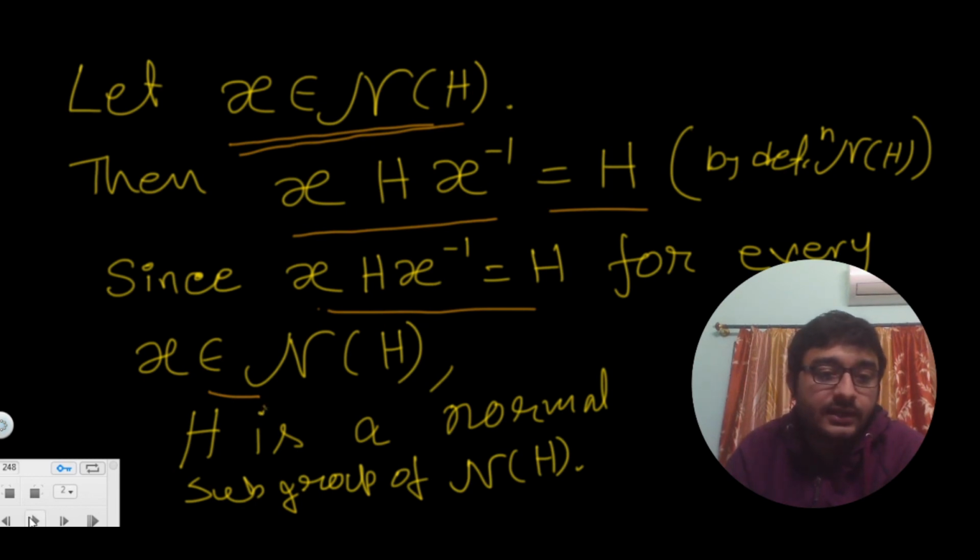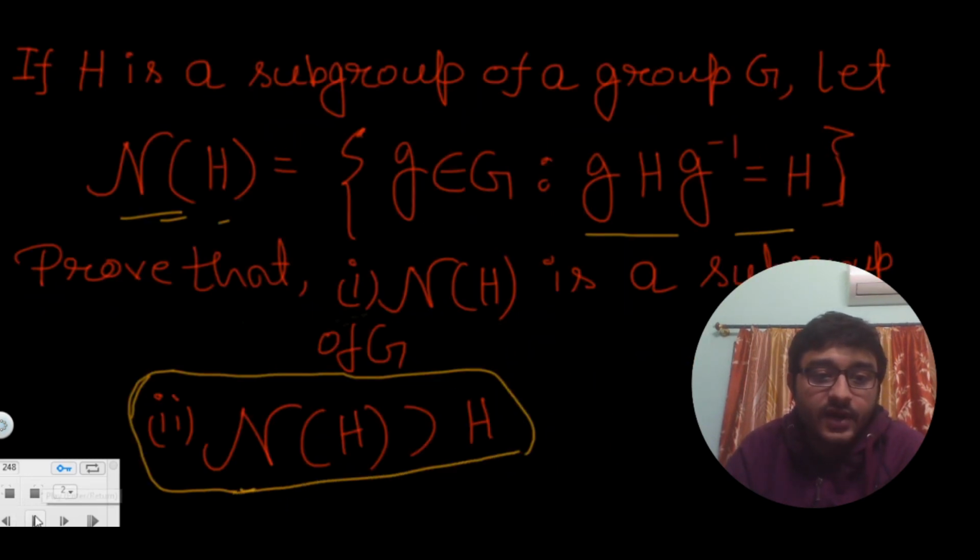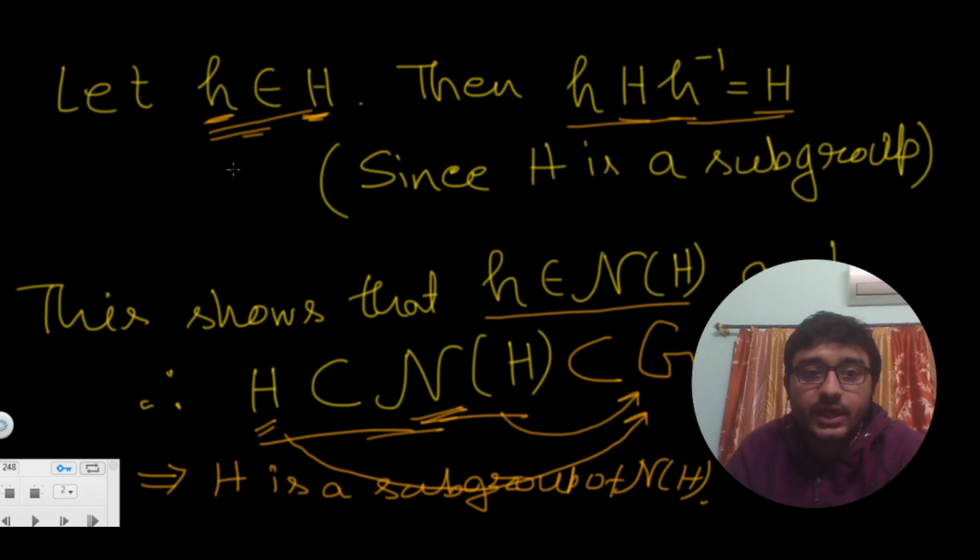So let me repeat what we did. First, we took an element from H and showed that it also belongs to N_H. That means H is a subset of N_H, and since N_H is a subgroup of G and H is a subgroup of G, H is a subgroup of N_H.